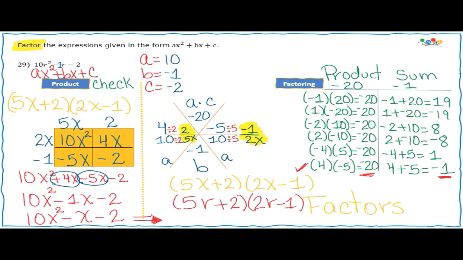We're going to write down that answer also again. So instead of x, we're going to write an r. We're going to replace it with an r. So my answer will be 10 r to the second power minus r minus 2. All I did is I replaced the variable x with the r. Now I can see that they actually match.